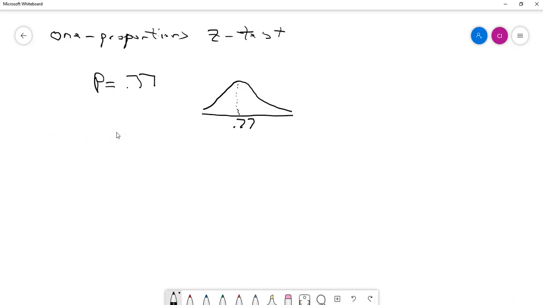We don't need the mean and standard deviation for this one prop z test. We need to put in n, okay? So we need our sample size, and then we need our sample proportion, and that's it.